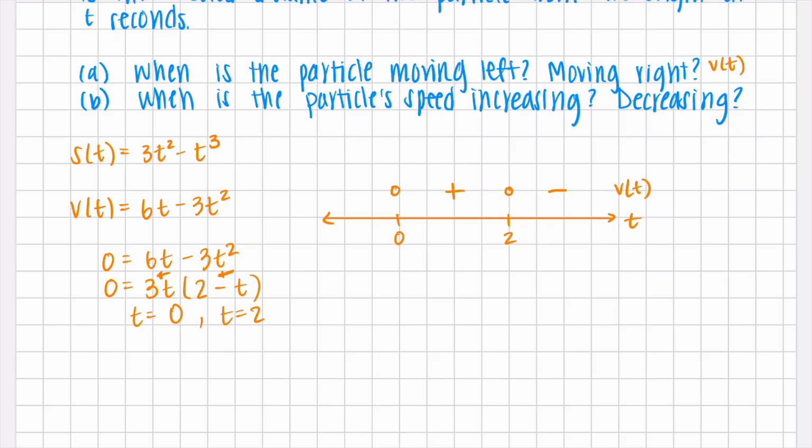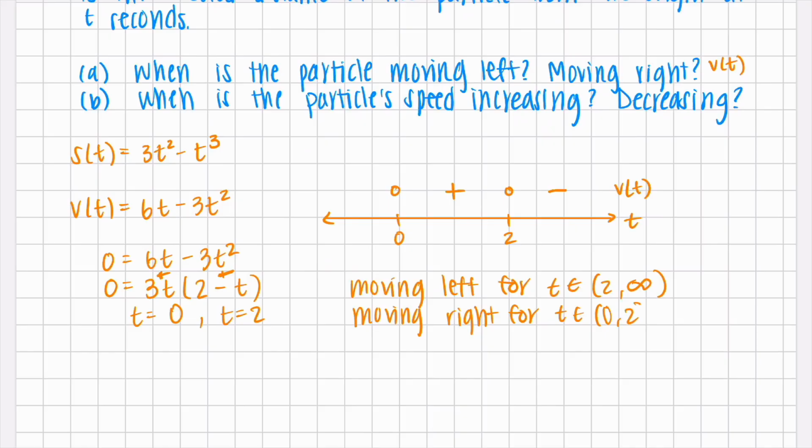So I can decide that my particle is moving left for t's from 2 to infinity, and my particle is moving right for t's from 0 to 2. And we decided that velocity equals 0 at 0, so I'm not including 0.